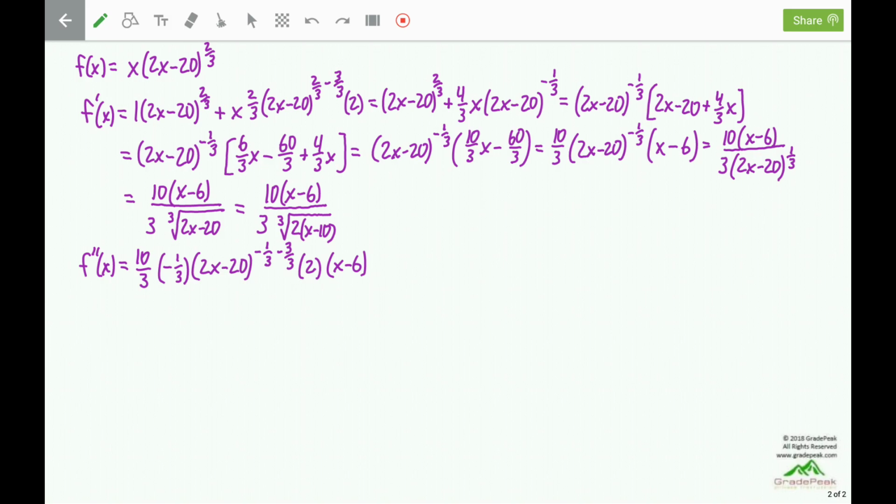Times the second left alone, plus the first left alone, the 10/3 comes along, 2x minus 20 to the negative 1/3, all left alone, and then times the derivative of the second, which is just a 1.